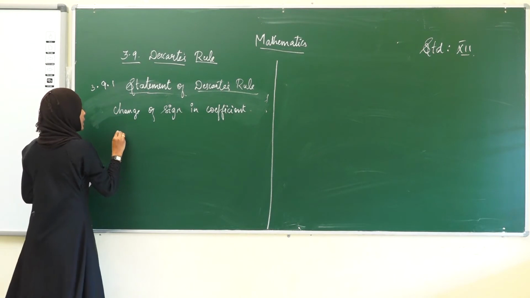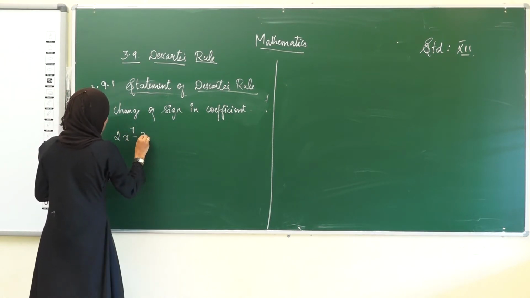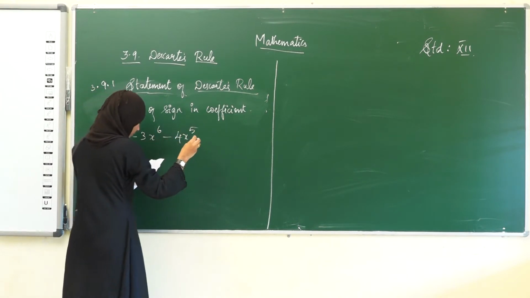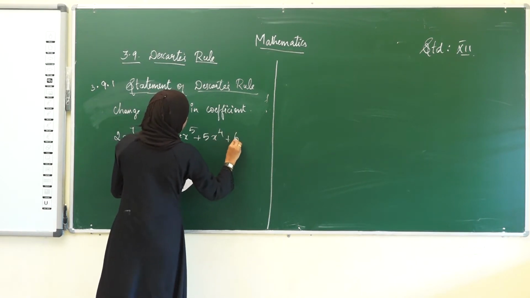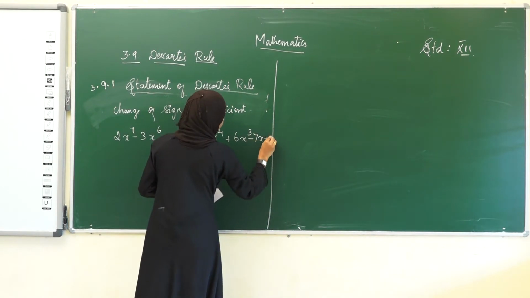Consider a polynomial. In your book they have given the polynomial 2x power 7 minus 3x square minus 4x power 5 plus 5x power 4 plus 6x cube minus 7x plus 8.